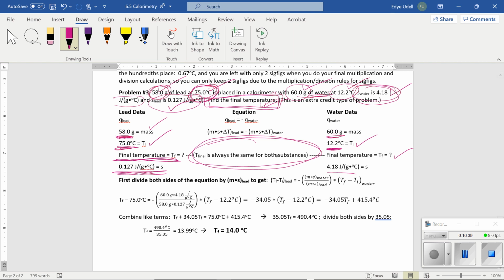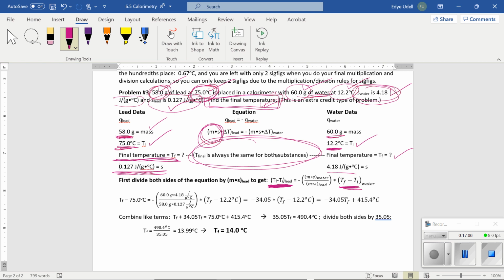We're trying to identify T final. And remember, delta T is the Tf minus Ti. So for both sides, we'll have Tf minus Ti. I'm going to divide both sides by m s of the lead so that I get the Tf minus Ti of the lead by itself first. A lot of students don't like to solve it this way, and then they complicate the problem.